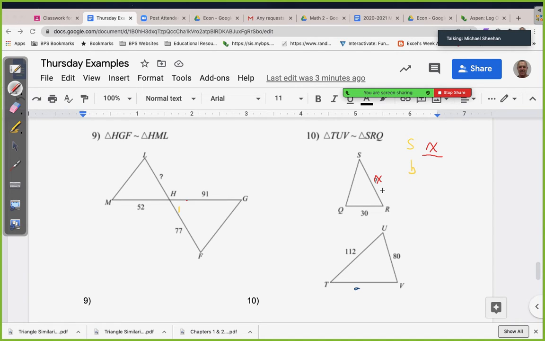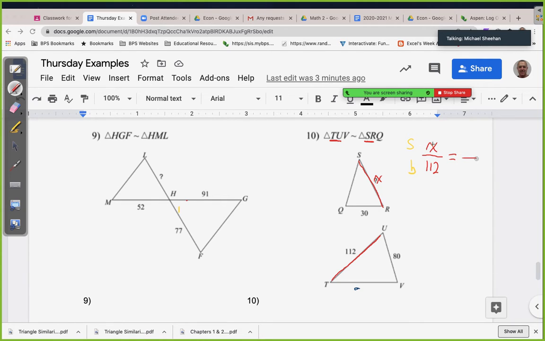So X goes from S to R. That's the first and the second letter. So I'm going to look over here. The first and the second letter are T and U. So the X has to match up with the 112. Then I'm going to write an equals. And then I'm going to make another fraction.